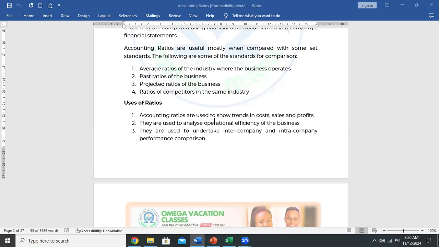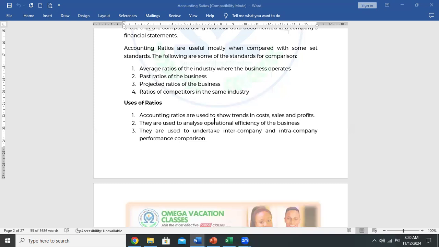In cost, sales, or maybe profit. So for instance, we can have, say, ratios for the past 7 years, and we'll be able to determine whether cost is increasing every year or decreasing every year. We want to see the trend, right, in the cost or sales and profit. So that's one of the first uses.